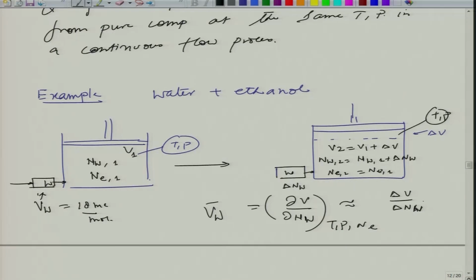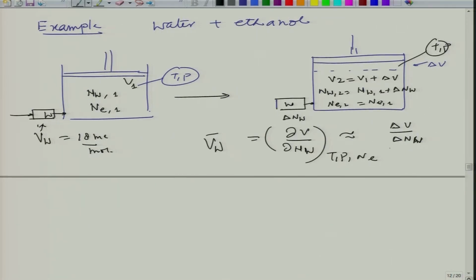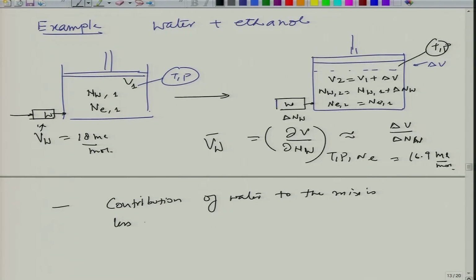So, if you do this exercise in experiment, you would find that this is nothing but 16.9 milliliter per mole. Okay. So, what it tells you is that the contribution of water to the mixture is less than that of the pure species.